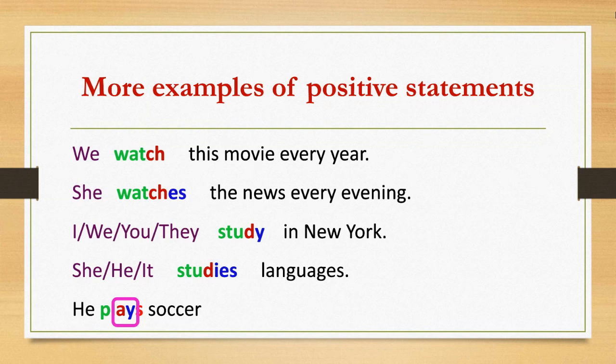The vowels are A, O, I, E. So since it ends with a vowel followed by a Y, we directly add an S at the end of the verb. He plays soccer. She plays basketball.